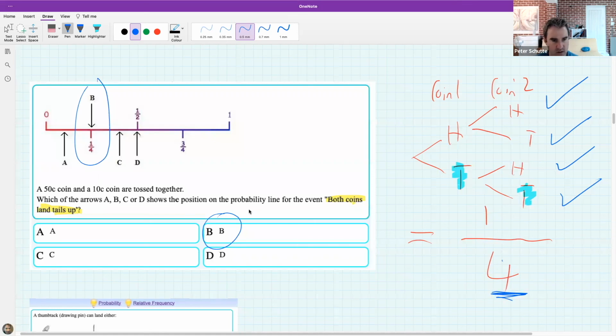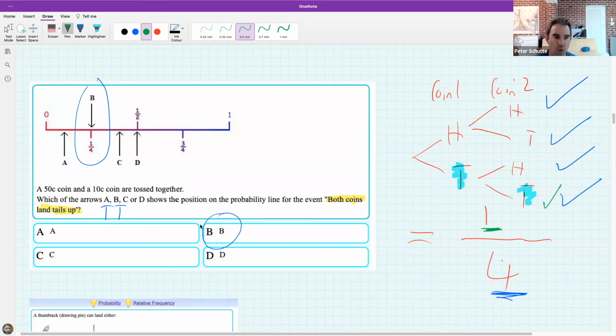In this question, they've said, what is the probability for the event that both coins land tails up? So basically they're saying, what is the probability of having tails and tails? And only one of the branches has tails, tails, which is this one here. That's why it's going to be 1 out of 4.